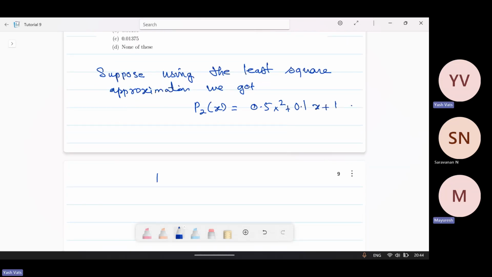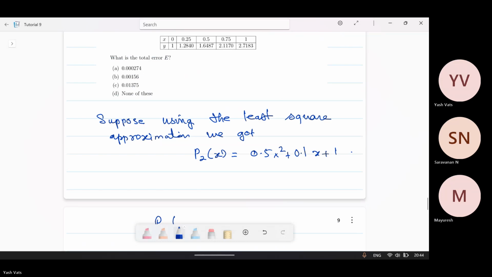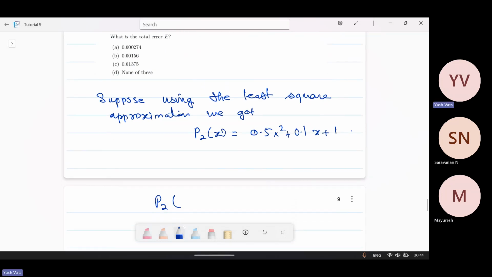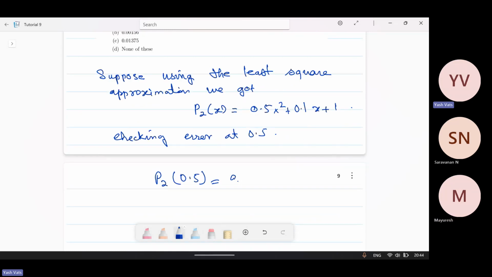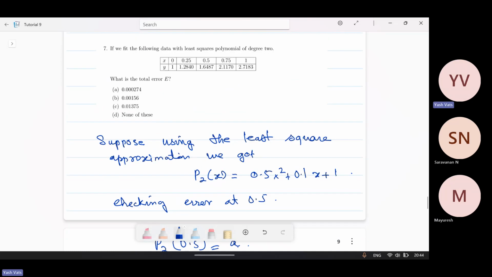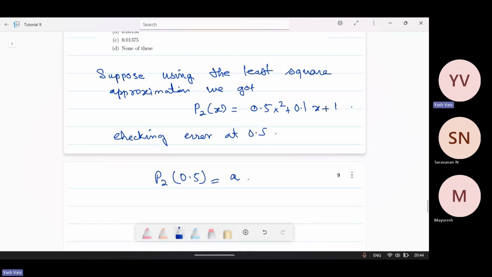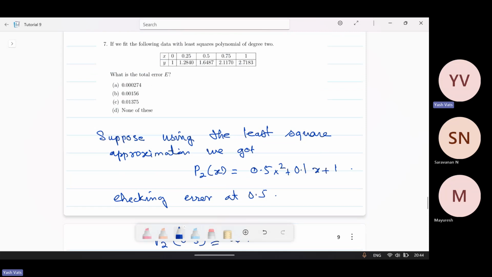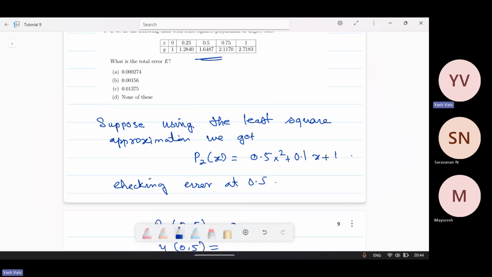Then what is the value of p2 at 0.5? Because we want to check the error at 0.5. You can calculate it, right? This is some number a, and y at 0.5 comes from the table, right? This is 1.6487.